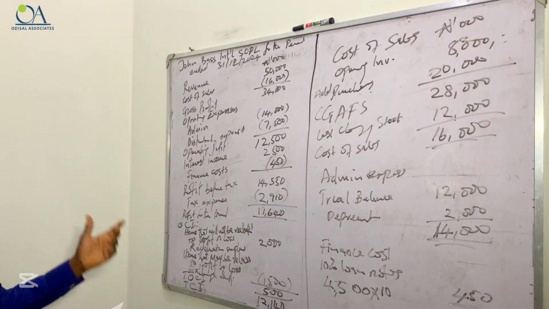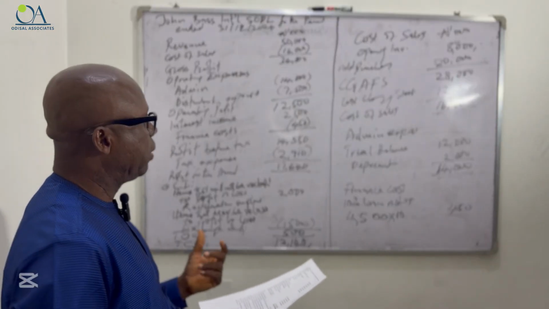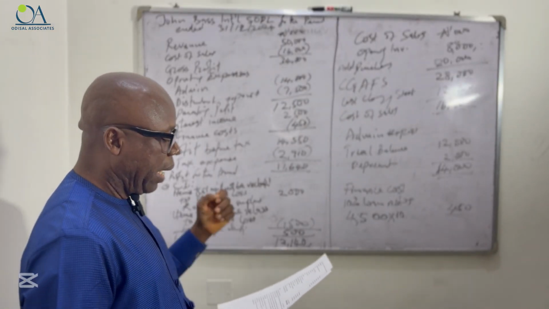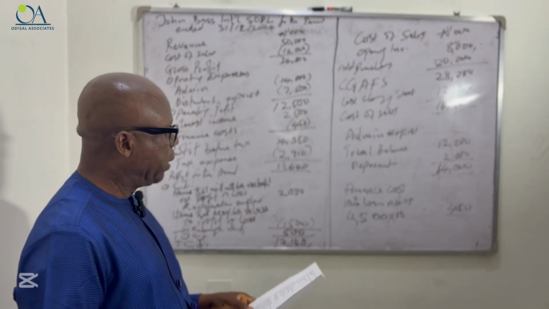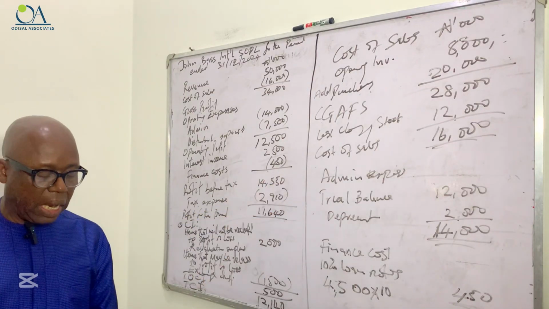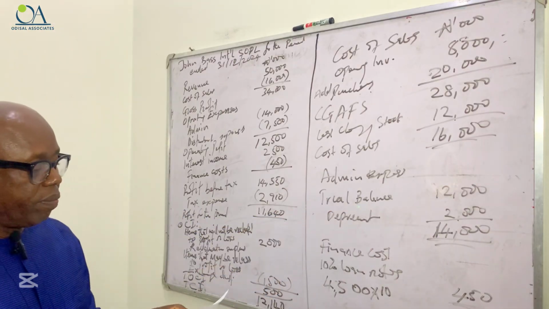So we remove operating expenses. There is a depreciation charge that is said we should compute and add to the admin expenses. So we have admin expenses, as per trial balance, we have 12 million.